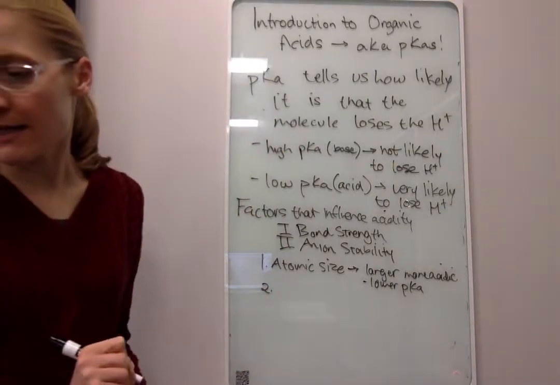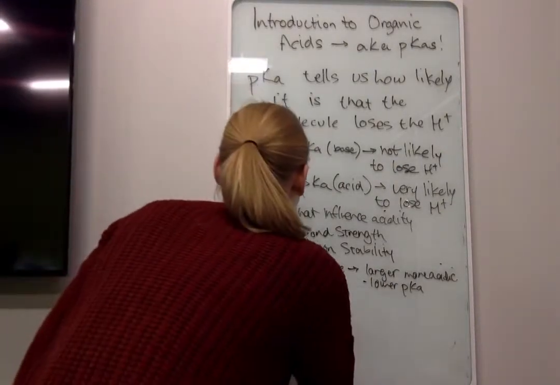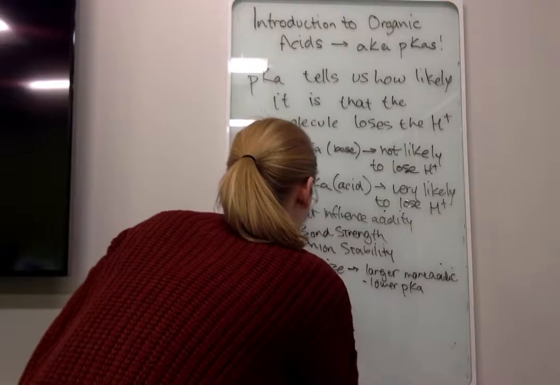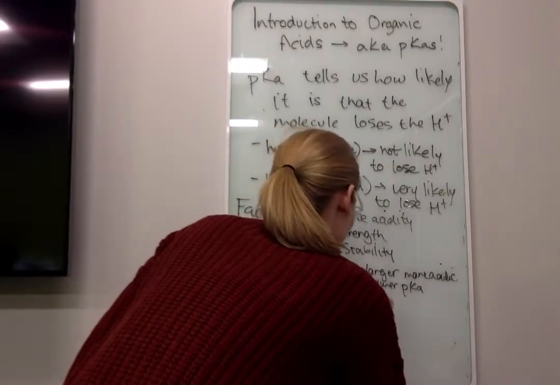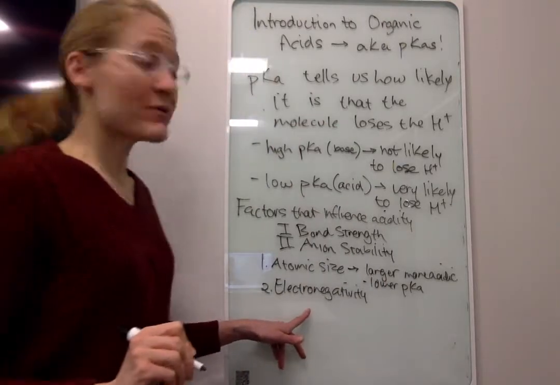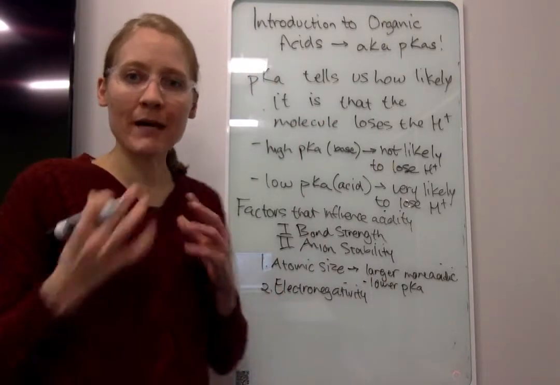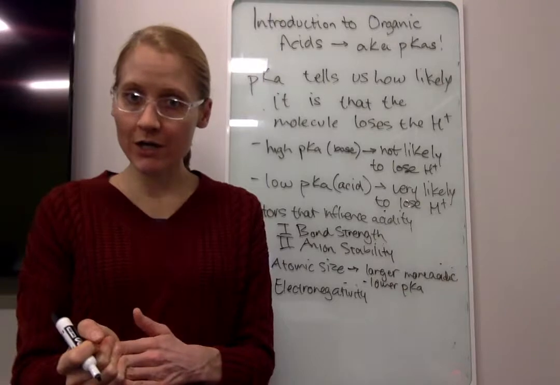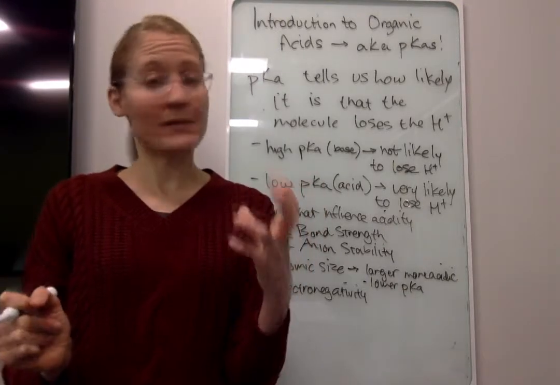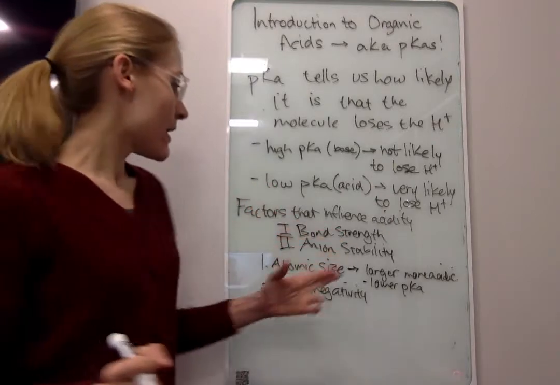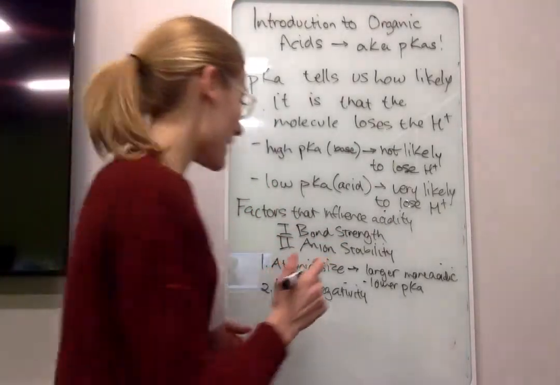Second one is electronegativity. If you have a more electronegative element, it's better able to stabilize a negative charge. So once you take that proton off, it's better able to be stabilized in that negative state, and that makes a lower pKa.